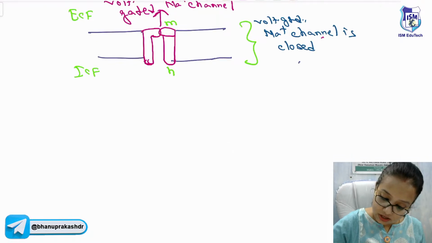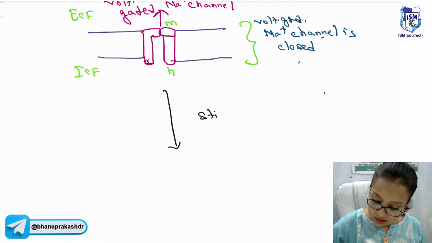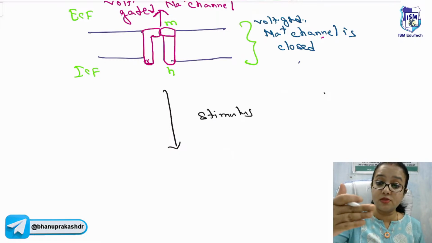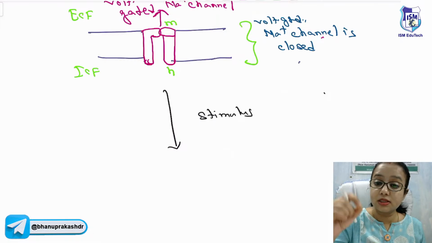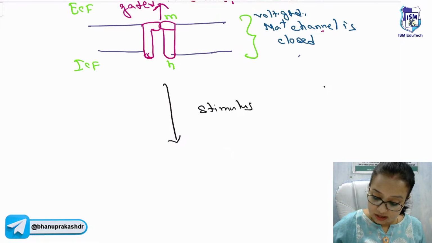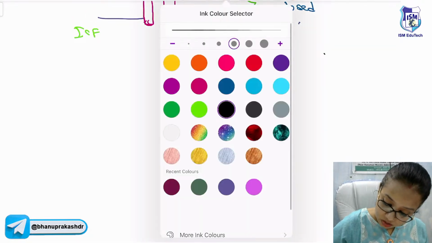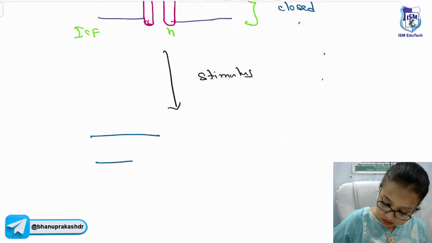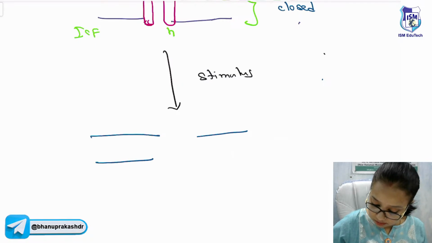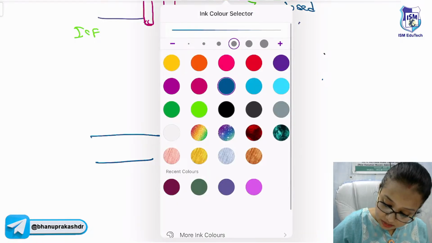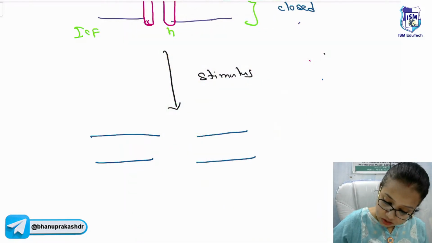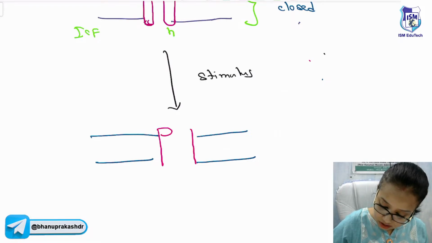Now, upon stimulus, whenever there is any stimulus, meaning the wave of depolarization, the threshold level intensity stimulus, then what happens is something like this. The M gates of the sodium channel just open up.